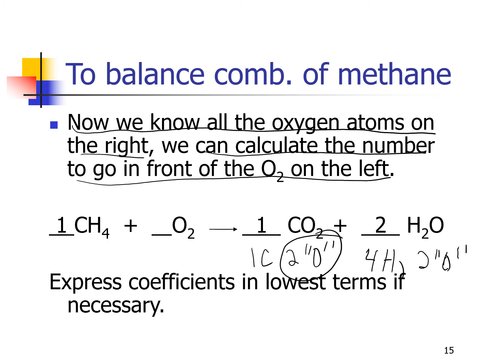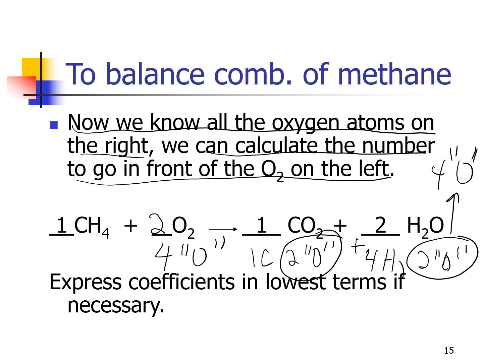So now we have 2 oxygens plus 2 oxygens gives me a total of 4 oxygens. So the coefficient that's going to need to go in front of the O2 on the left is going to be 2, because 2 times 2 as the subscript gives me now 4 oxygens. And in CH4 we have 1 carbon and 4 hydrogens. So we can check that everything is balanced. The 1 carbon is balanced, the 4 hydrogens are balanced, and our 4 oxygens are balanced.